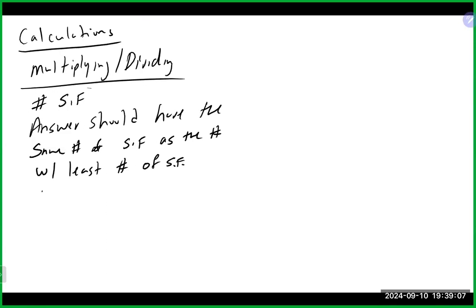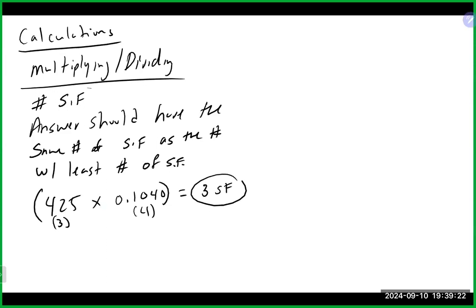So if I'm multiplying 425 times 0.1040, this has 3 significant figures. This one has 4 significant figures. That means my answer should have 3 significant figures when all is said and done, whatever that answer may be.